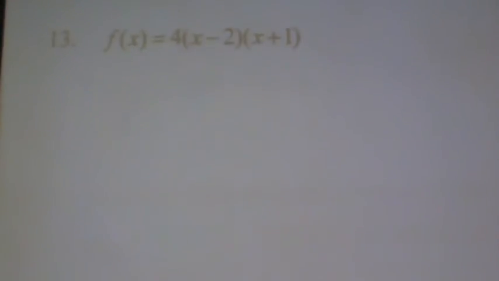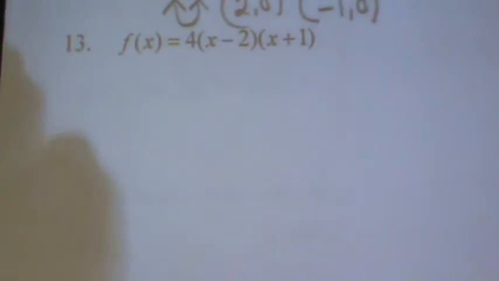The next one. This form is x-intercept form. There's two things you get out of this. This is up, and we have the two x-intercepts, (2, 0) and (-1, 0). Let's plot those.